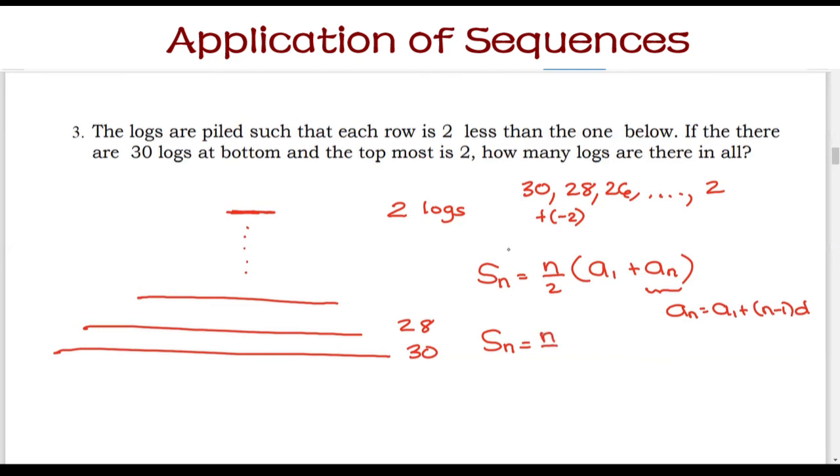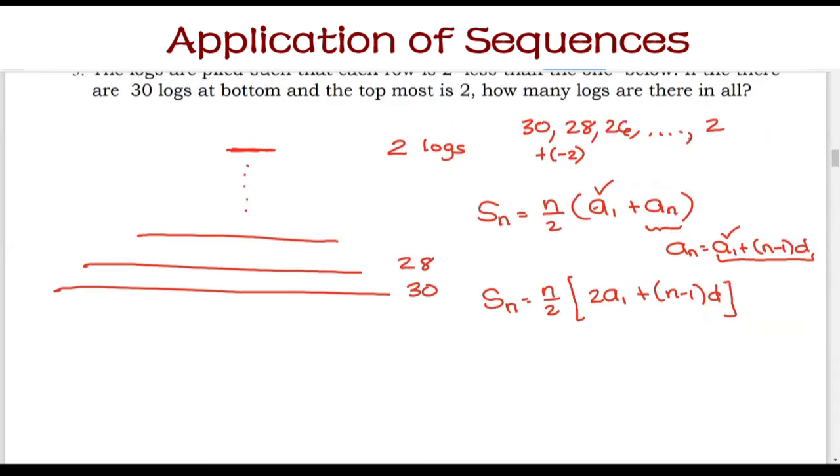Ang second formula is n over 2, okay, times a1, tapos papalitan ko yung a sub n nito. Okay, a1 plus a1, you will get 2a sub 1. Okay, plus, okay, kokopyahin ko na lang yung n minus 1 d. Okay? So, pili lang kayo kung alin diyan ang gusto niyong gamitin.